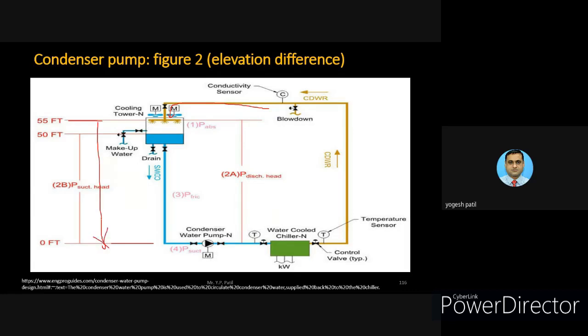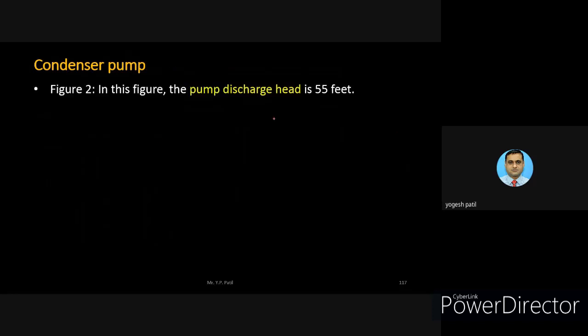That particular distance is 55 feet, and the distance from the level of the cooling liquid to the condenser pump is 50 feet. So these two distances are clear to us, right? One is the distance from the pump to the level, and another is the distance from the pump to the cooling tower's upper side. We can say that is the entering side, and the outlet side.